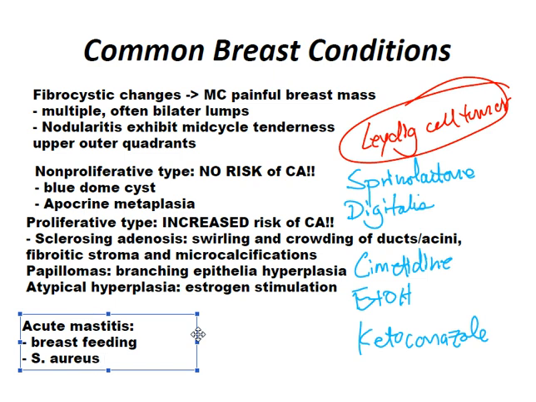You can also see a bloody discharge, which is usually an intraductal papilloma or a ductal carcinoma. If you see a brown-green discharge, you think plasma cell mastitis. So let's write those in there for you.